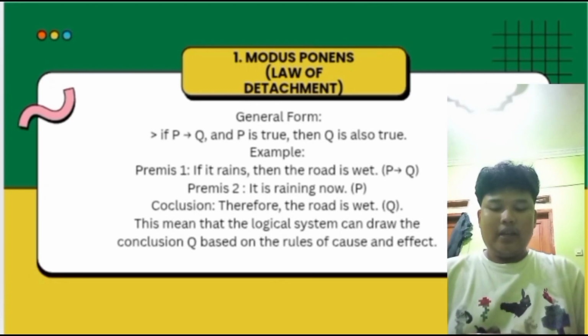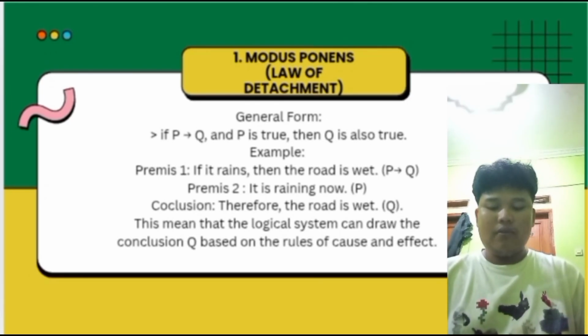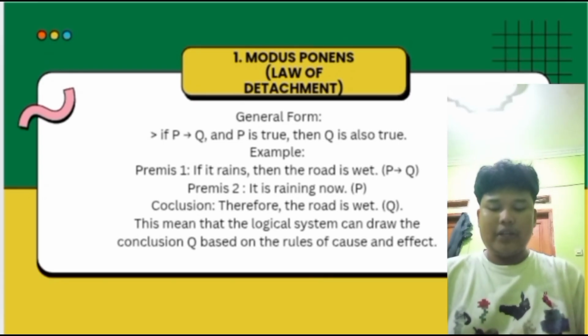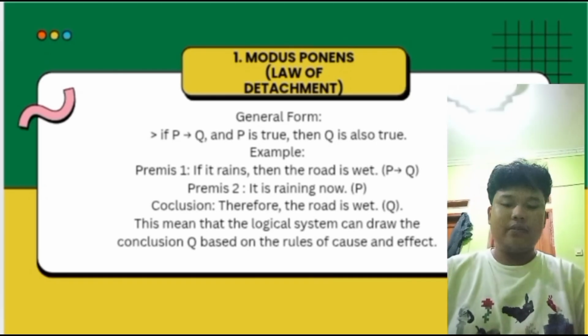Main point: in essence, the modus ponens law is used to draw conclusions based on a clear cause and effect rule. As long as P is true or occurs, then Q as a result must also be true.